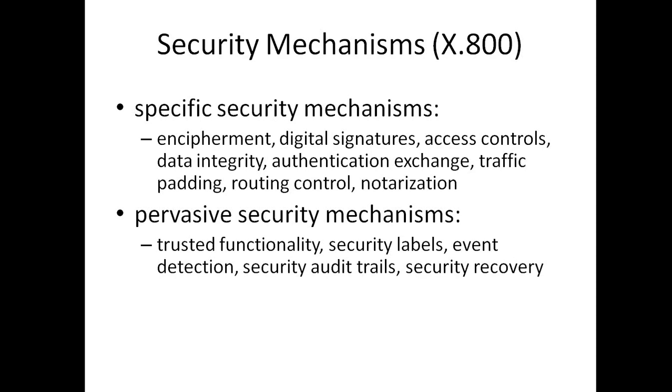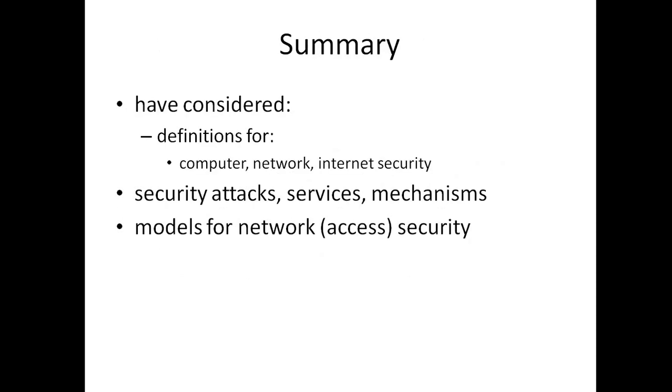Like that, we can use specific security algorithms for specific protocol layers. And similarly, pervasive security mechanisms are not specific to any particular OSI layer; they can be applied all over the protocols. So we have some trusted functionality, security labels, or security audit trails in order to increase the security of systems.